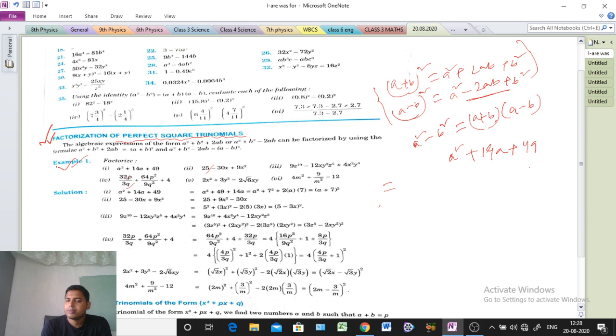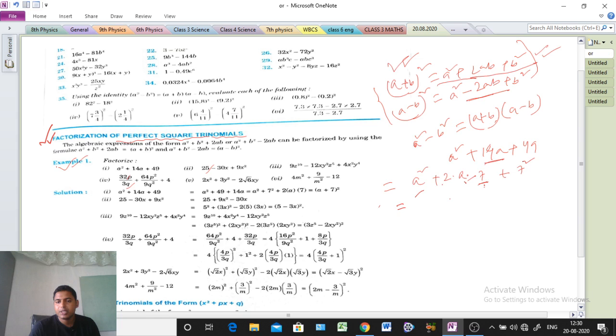So now our formula form, the square form, is coming: a plus b whole square. Here a means a and b means 7 only. So we can write a plus 7 whole square.